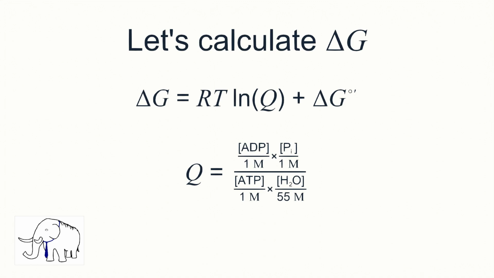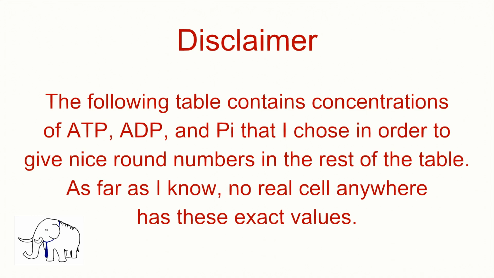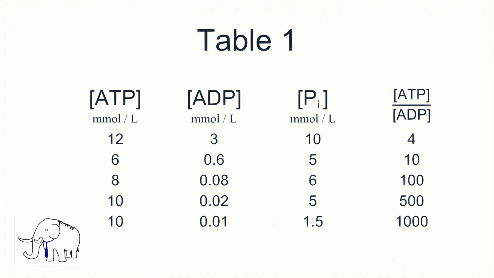And we're using these relative concentrations to make Q a dimensionless number, and it also lets us ignore the water molecule. Assuming we can make reasonable estimates of what these concentrations are inside the cell or organelle or whatever compartment we're looking at right now, then we can calculate what the delta G should be. And here's a big table doing that.